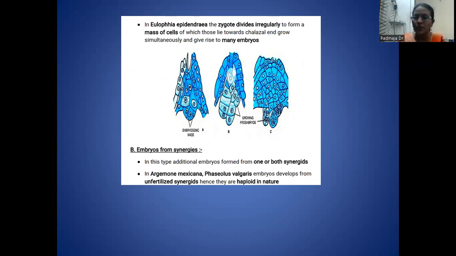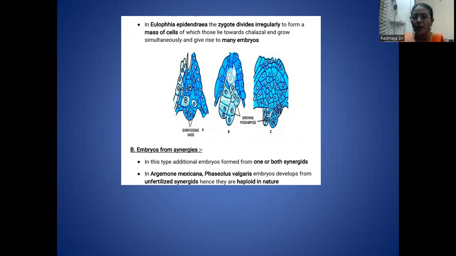Sometimes the zygote is also dividing, and each nucleus of these may develop into an embryo. So it looks like many embryos are seen here. Of these, the one lying toward the chalazal end grows simultaneously and gives rise to many embryos. That means on the chalazal side, the embryo divides and gives rise to a mass of embryoids.